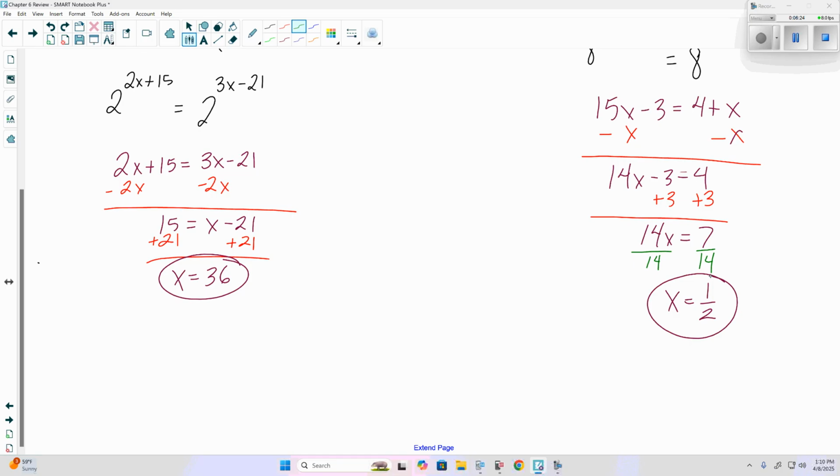Add 3 to both sides, 14x equals 7. Divide both sides by 14, telling us x is 1/2.